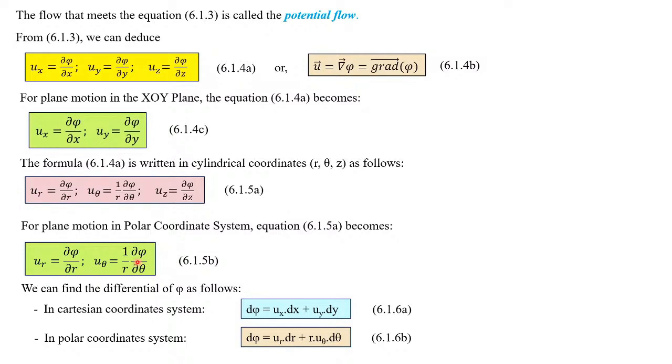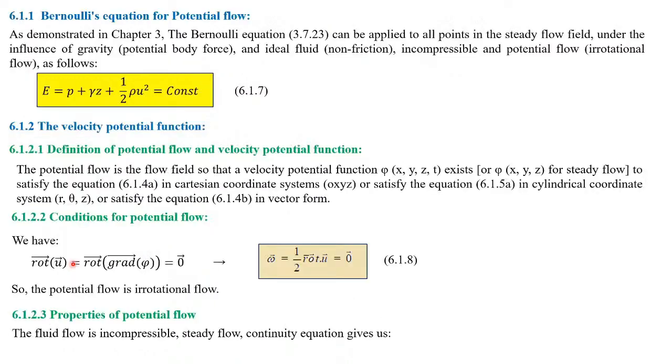Okay, and we take the derivative of phi or psi with respect to x, y, or r, theta. You can get Ux, Uy, or Ur, U theta.